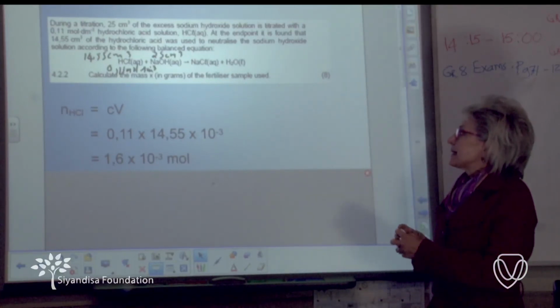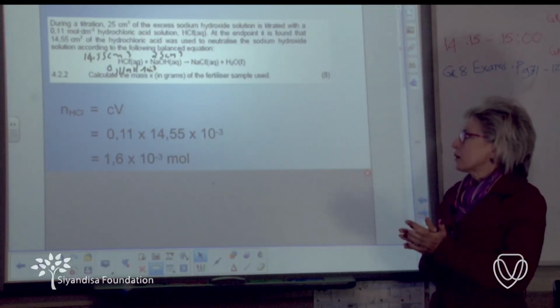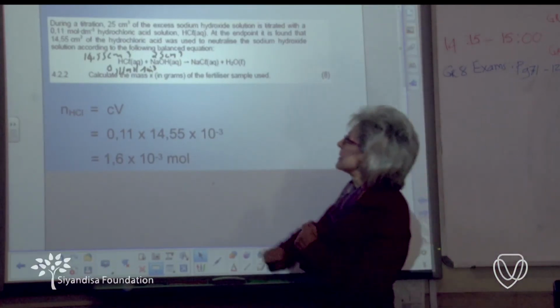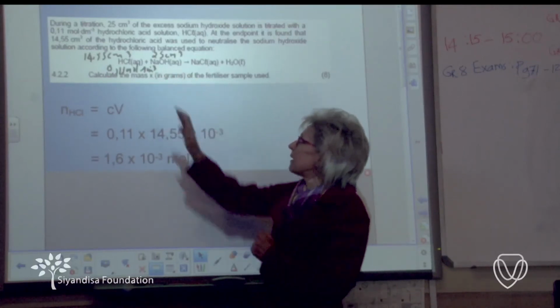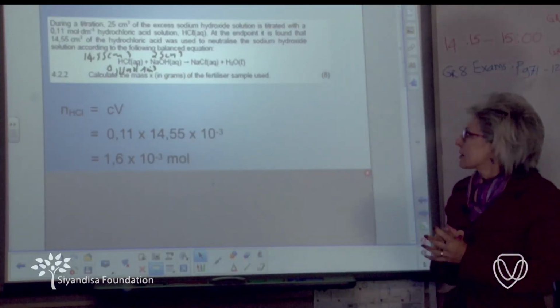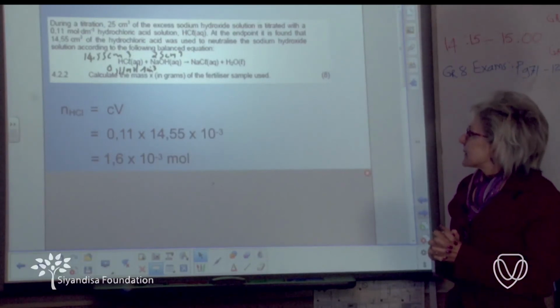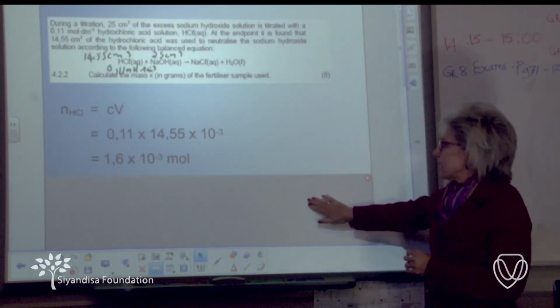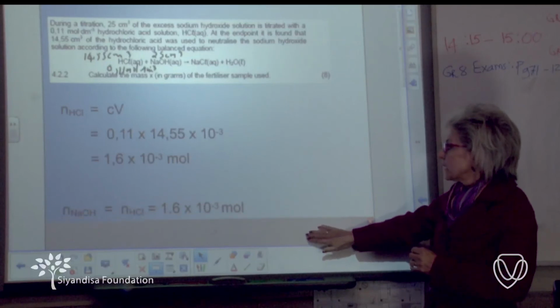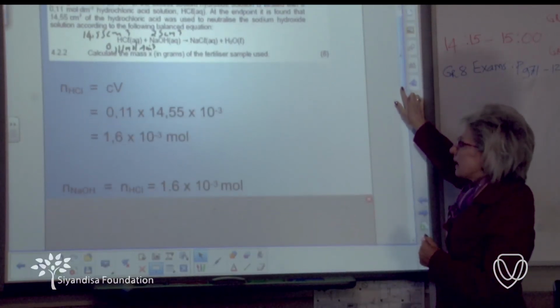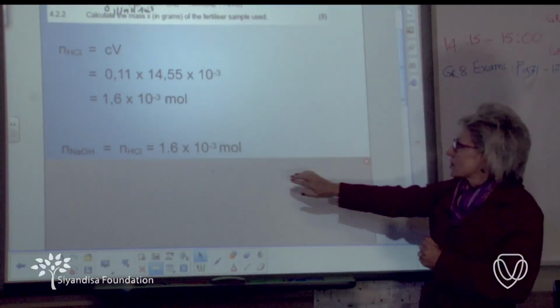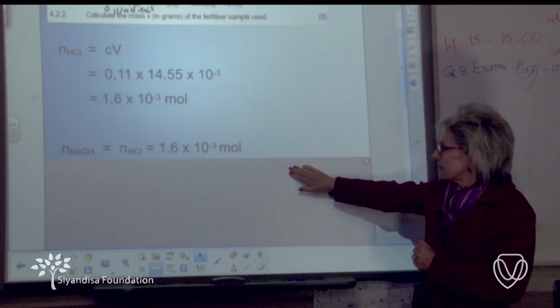This hydrochloric acid is not part of my fertilizer question, but it is part of the sodium hydroxide that was in excess. So I can now calculate how much sodium hydroxide was in excess. Therefore, in my mole ratio, the amount of sodium hydroxide is equal to the amount of mole of hydrochloric acid. That is also 1.6 times 10 to the negative 3.